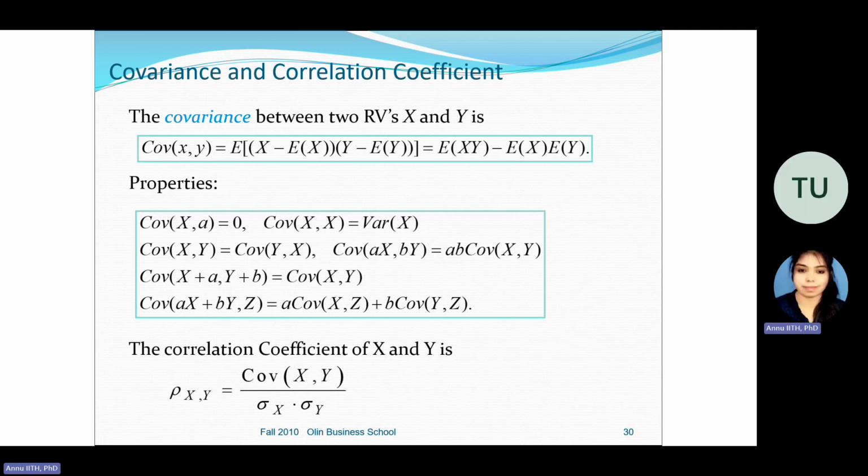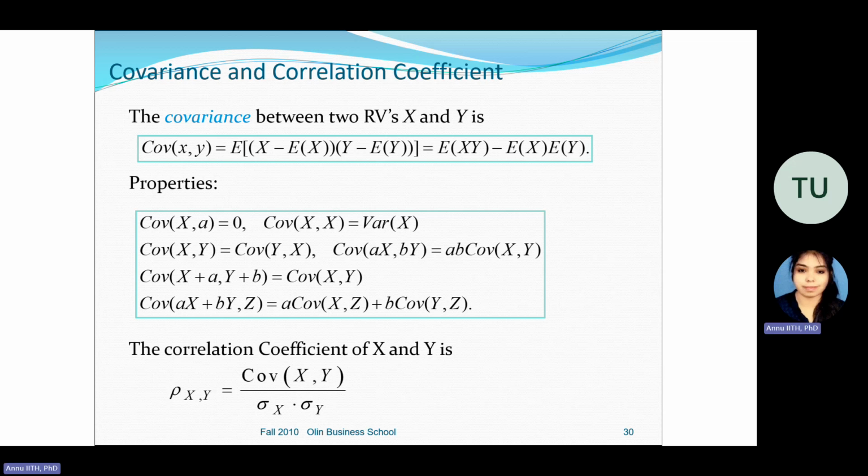Also, the covariance of x with itself is the variance, and covariance of x and y equals covariance of y and x. And if we add some values a and b, E of x plus a is a plus E of x, right? Do you think that it will affect the covariance? No, because you're only adding some value.